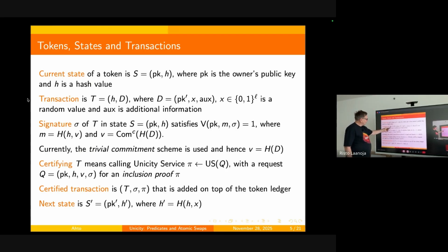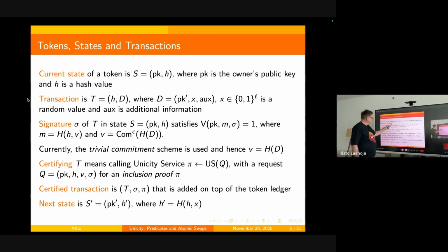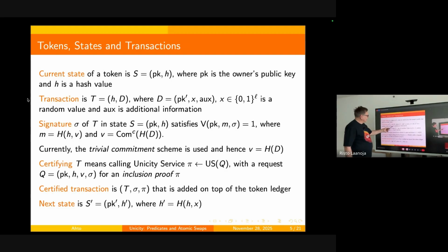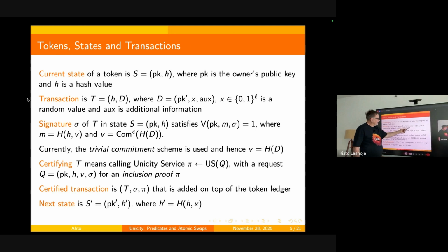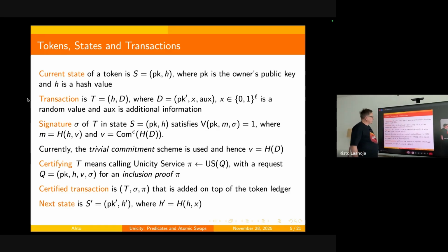The transaction is in the form: if you want to transfer a token from state S to another state, then you have to put the same hash here as in the state. Then we have some data in the transaction, and the data consists of the public key of the next owner, a random mask, which is just a random L-bit number, and some other information that might be needed.